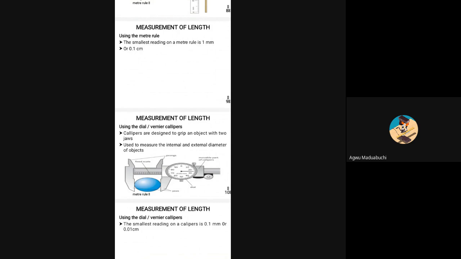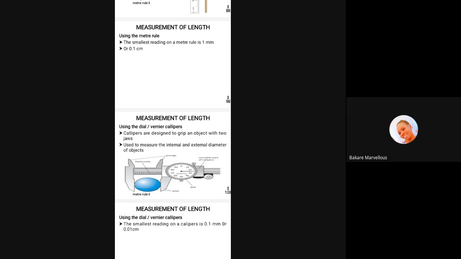And like I said, the smallest reading on a vernier caliper is 0.1 in mm or 0.01 in cm. So 0.1 mm is how many decimal places? 1 decimal place. Good. How many SF? 1 SF. 0.01 cm is how many decimal places? 2 decimal places. Good.